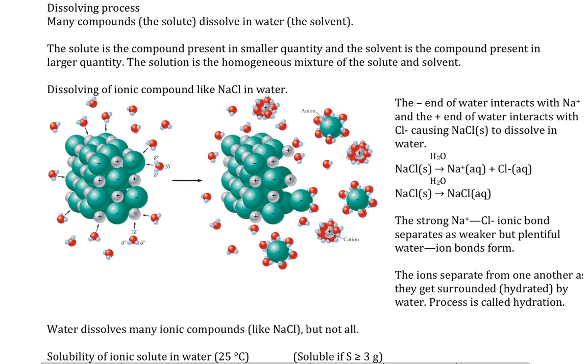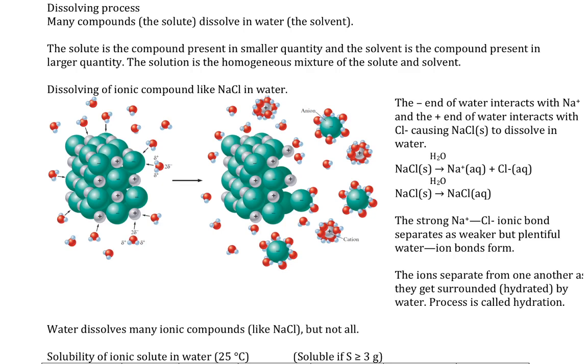We could make that a little bit more compressed by writing NaCl solid, water over the yield sign, yielding NaCl aqueous. What that NaCl aqueous implies is we have the Na plus surrounded by water, separate from the Cl minus, which is also surrounded by water. So instead of writing Na plus aqueous plus Cl minus aqueous, we can simply write NaCl aqueous, and that means the same thing.